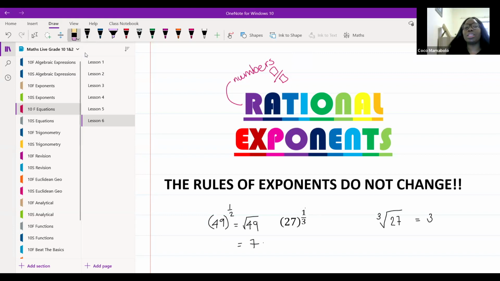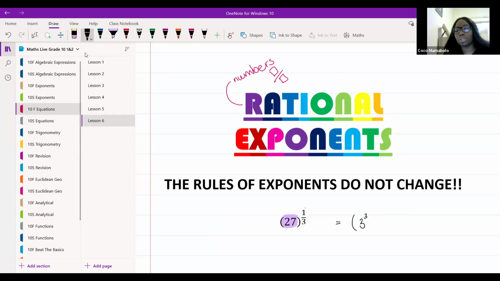Now, how we deal with rational exponents is going to be quite easy, right? First, we're going to take 27 and write it as a product of its prime factors. So we know that 27 can be written as 3 cubed all to the power of 1/3.